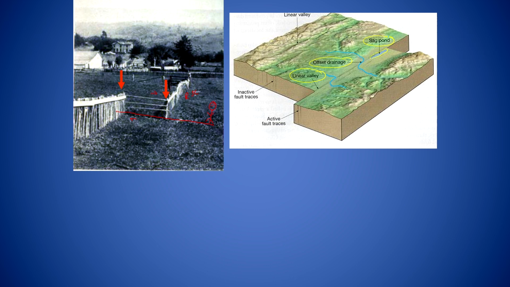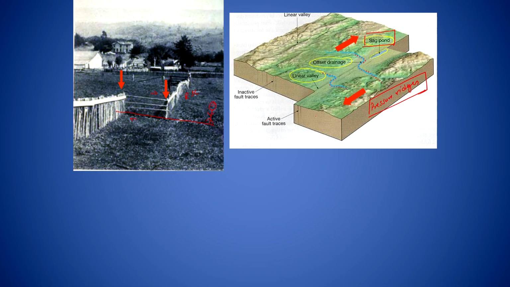Along with the sag ponds, we will also come across pressure ridges. We will discuss in coming slides and coming lectures how the sag ponds are formed, and in the same area along the fault, how these ridges are also formed.